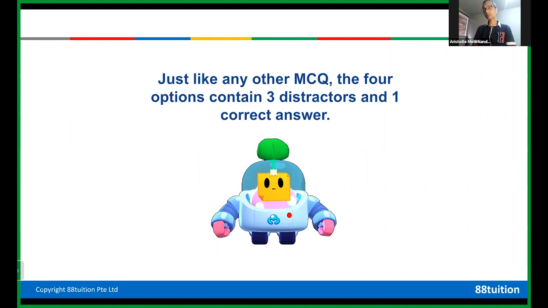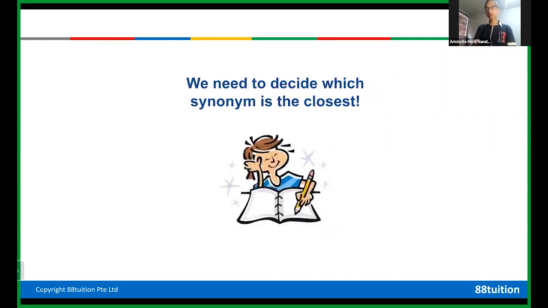Okay, or it might be completely wrong. So that's why it's called distractor. It means it takes us away from the correct answer, distracts us. So that's why we need to decide which synonym or which word has the closest meaning to the word that's underlined.